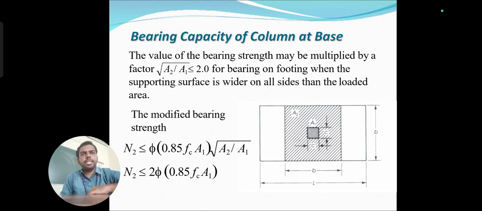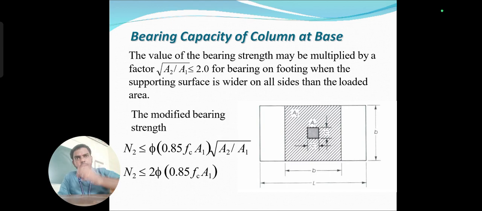This bearing strength value may be multiplied by the ratio of area A2 by area A1, which is less than or equal to 2, for bearing of the footing when the supporting surface is wider on all sides of the loaded area. What are A1 and A2? You have two different footing areas at that location, so area 2 and area 1 are involved.